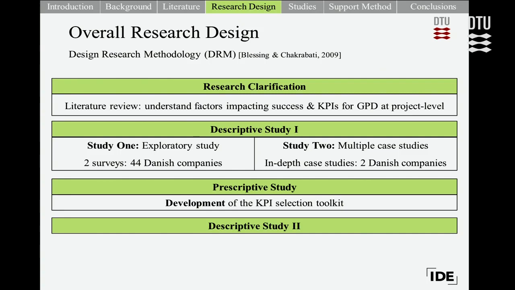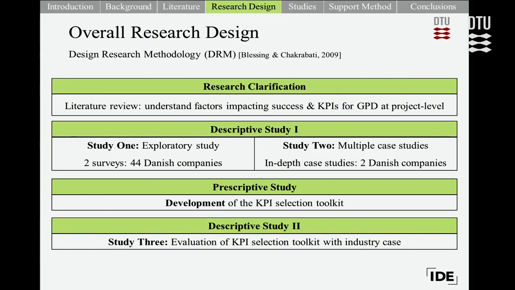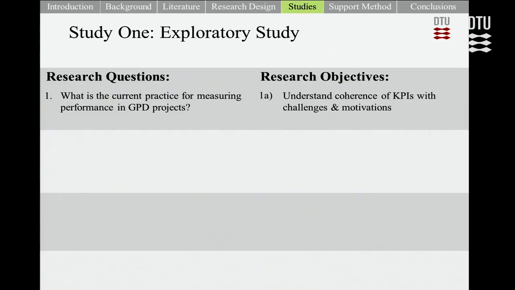Then based on these findings, the prescriptive study was to develop a support tool that supports the selection of KPIs. And finally, the third study in this research project was to evaluate the impact of the KPI toolkit in industry.